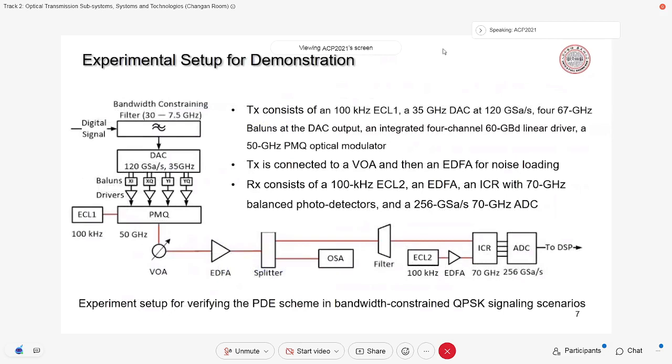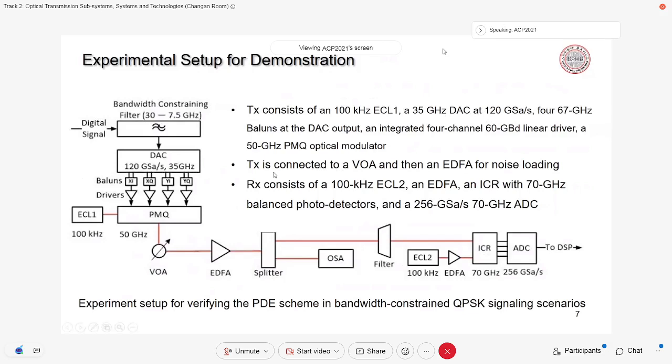This is the experimental setup for this demonstration. On the transmitter side, we have a narrow linewidth ECL, and we have a 35 gigahertz bandwidth DAC with 120 gigasample per second sampling rate.